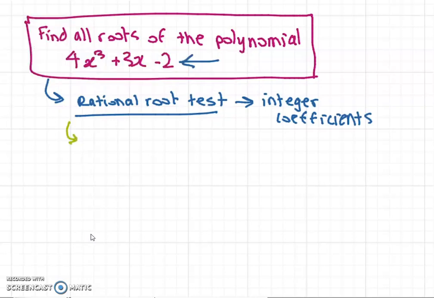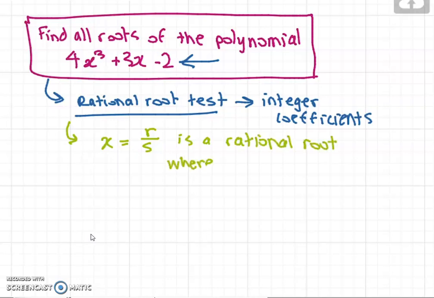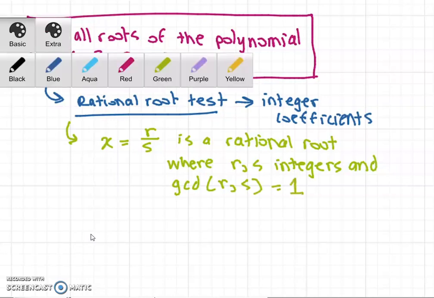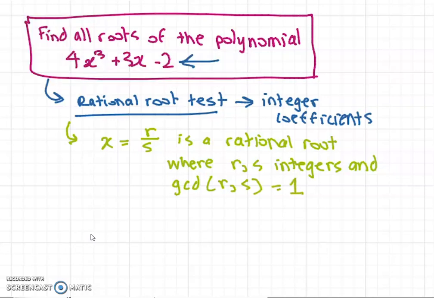It says if x equals r divided by s is a rational root, where r and s are integers, and the greatest common divisor of r and s is equal to 1, which means the fraction is in lowest terms.